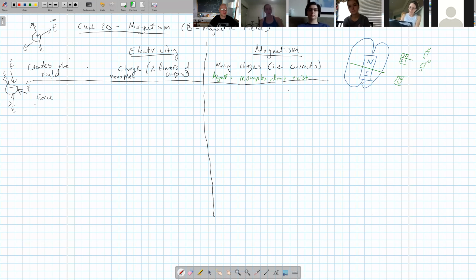With the electric field, this is a long distance force. For magnetism, this is also a long distance force. So you can move two magnets near each other and actually create a force between them without actually touching those.